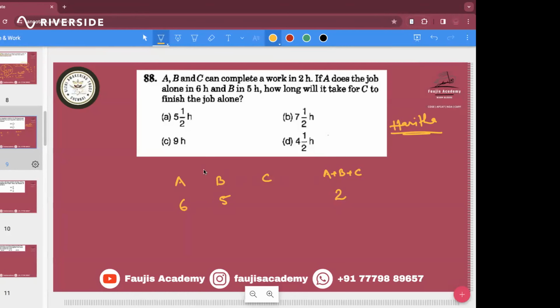Now you will tell me, sir, when this was the case, we had to find the LCM of A, B, and C. We don't have C over here, what to do? Whatever resources we have, we just find the LCM of all. What is the LCM of 6, 5, and 2 in that case? 30.